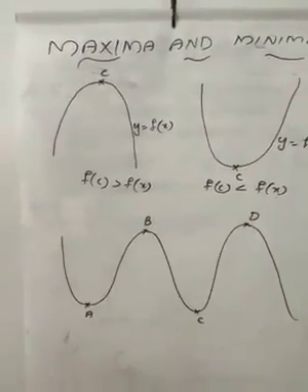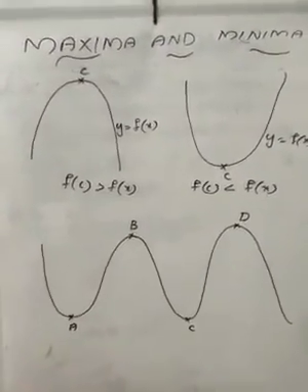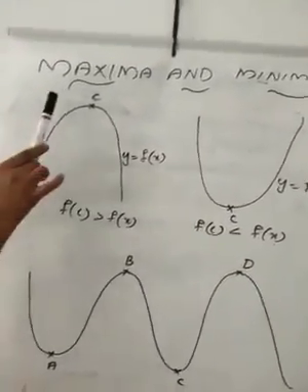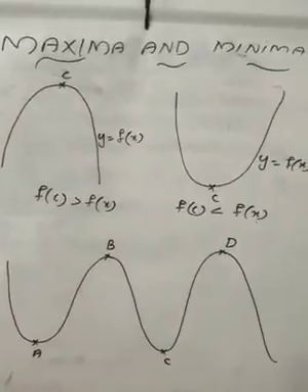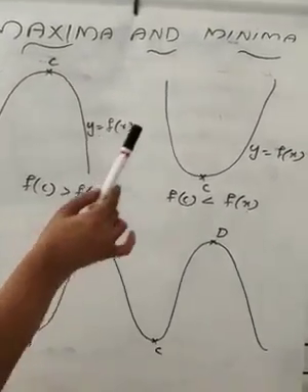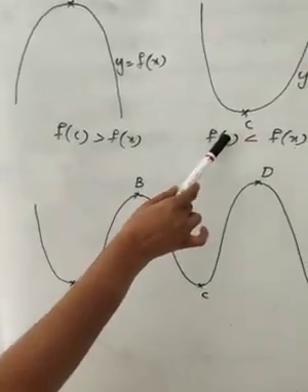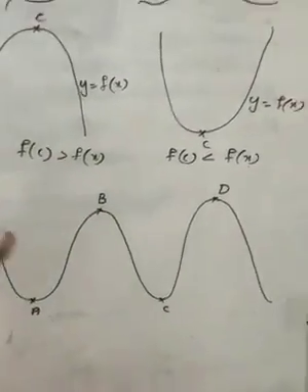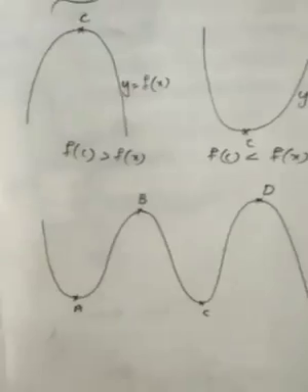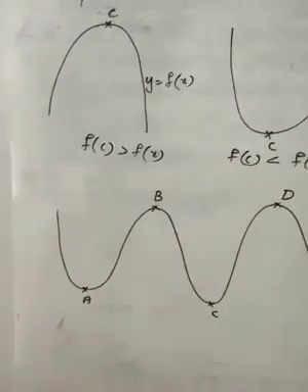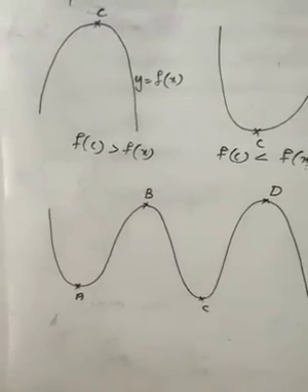It is called the point of inflection. So if f dash x changes sign from positive to negative, it is a point of maximum; if from negative to positive, a point of minimum; and if it does not change, the point C is a point of inflection. That is the first order derivative test.